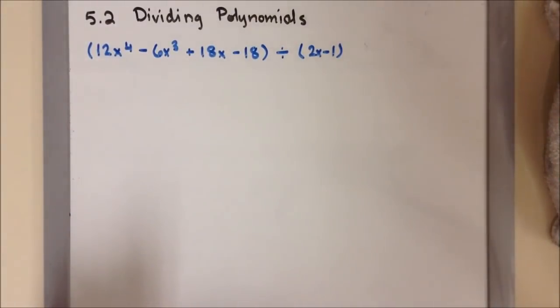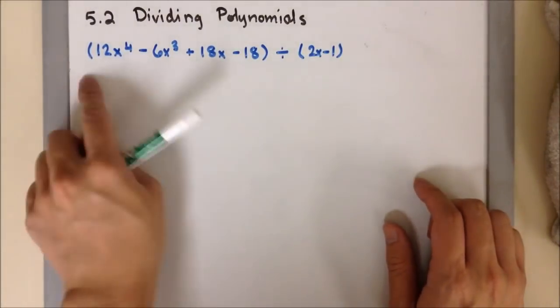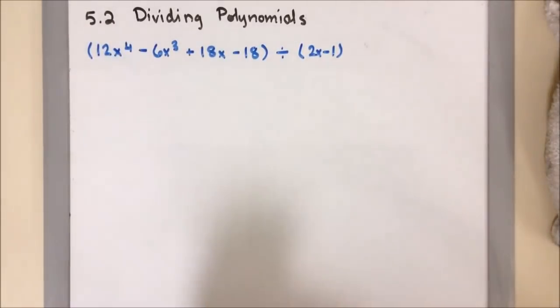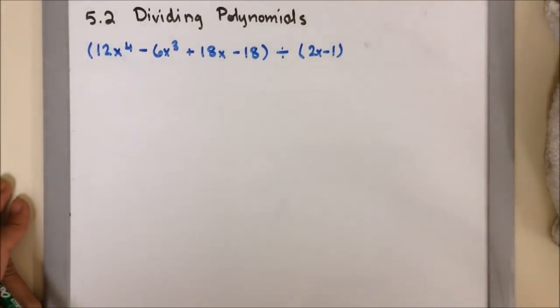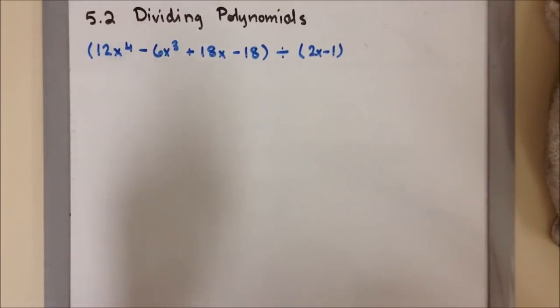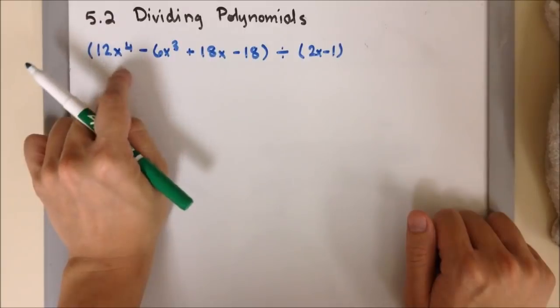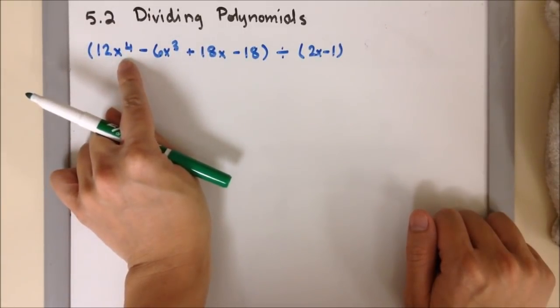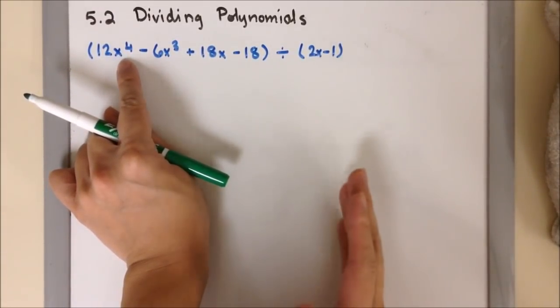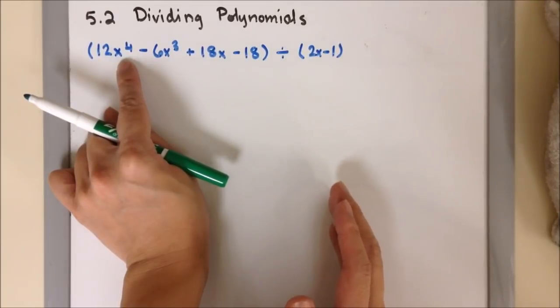Now before we do any kind of dividing, what you gotta check is if you have any missing terms within your dividend and your divisor. So let's take a look. We're always going to start with the first term. This term has x to the 4th. When you're checking for missing terms, you make sure that all the terms are there.